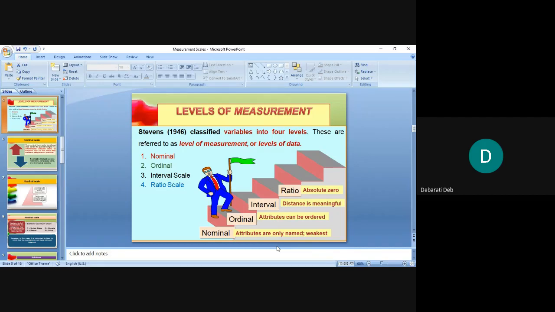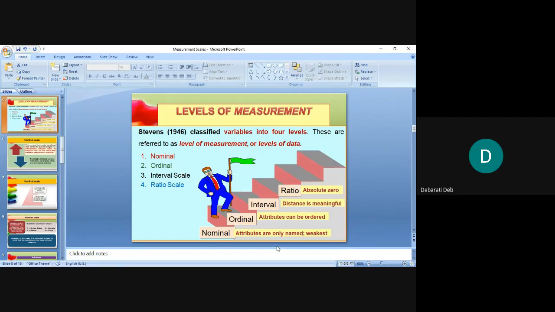When you name one as 1 and another as 2, 2 is stronger than 1, that you will be able to identify. Likewise, 3 is stronger than 2 and 1. Likewise, 4 is stronger than 3, 2 and 1. And 5 is the strongest. So when you use the ordinal scale, you will be able to order the attributes in a particular manner. Then interval scale.